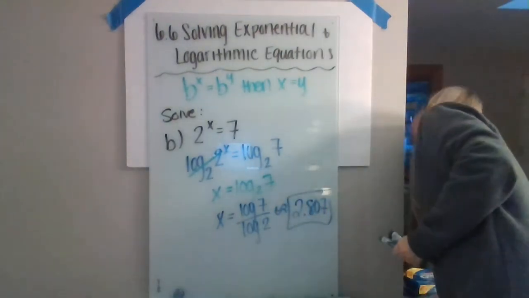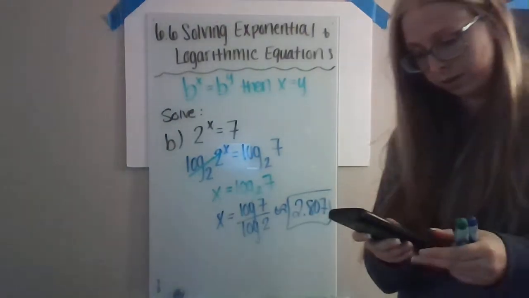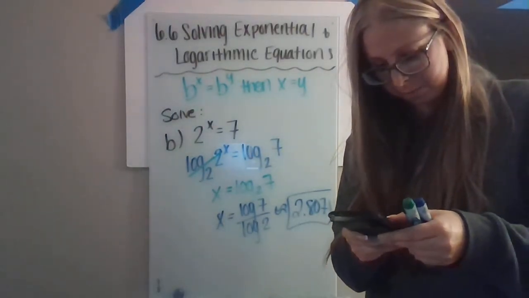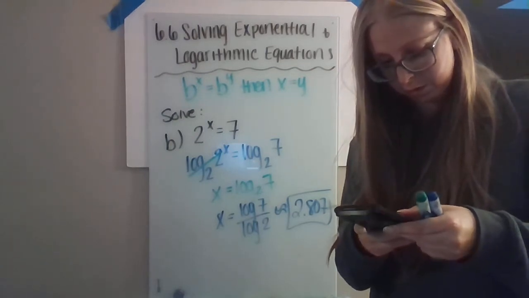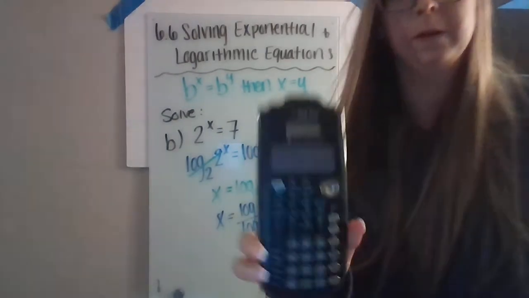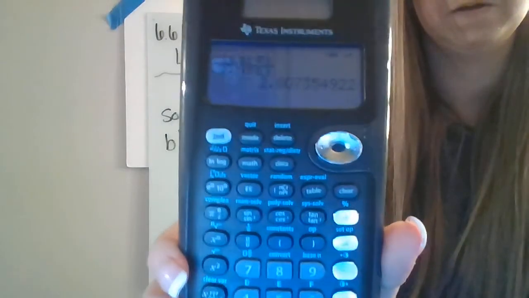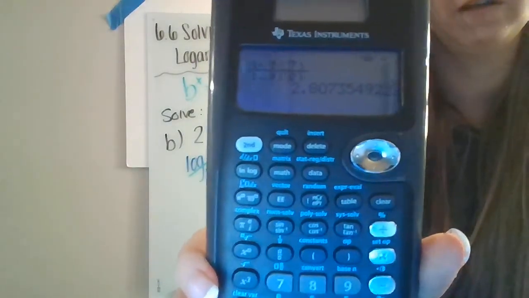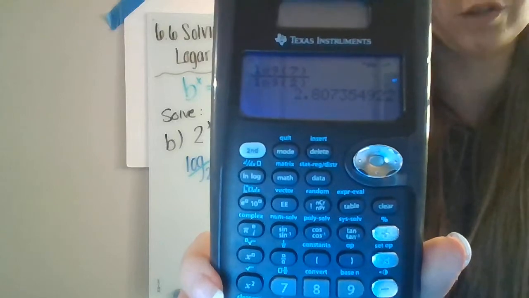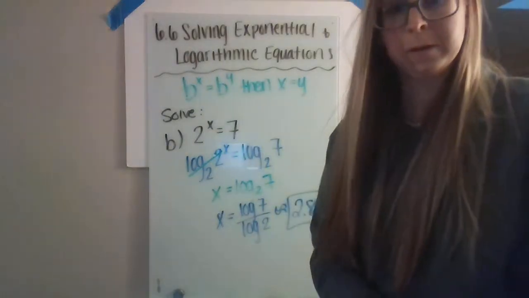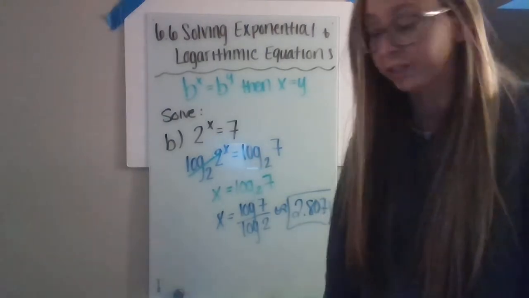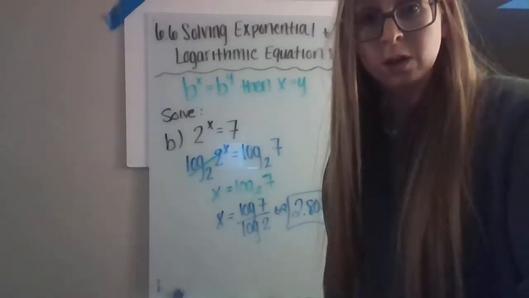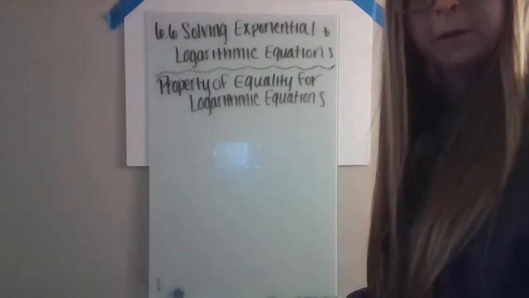Let me just show you guys that. In the calculator, log 7 over log 2. Hopefully you guys can see that. You have to use the change of base formula. I wish I had a clearer webcam for you guys, I really do. I know it's not that great, but we're going to move on.